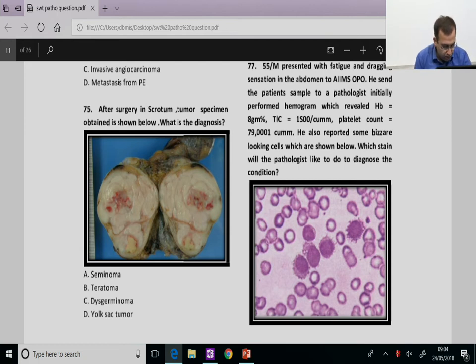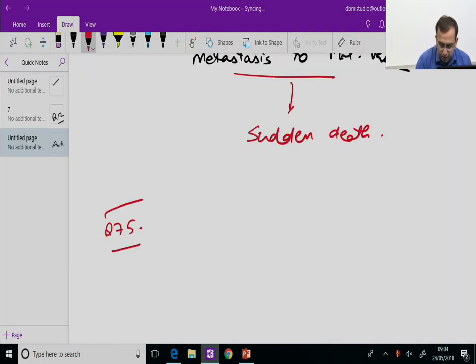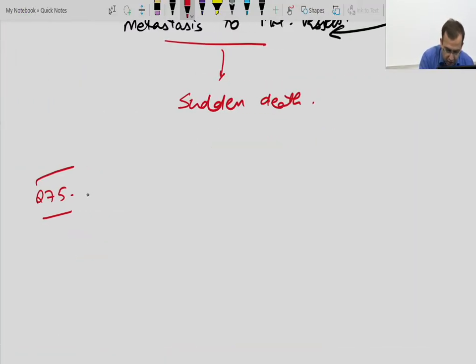What this shows is a homogeneous appearing tumor, with clear white areas and some areas of hemorrhage. This is the classical presentation of a seminoma. So, question 75, the answer is A, that is seminoma.